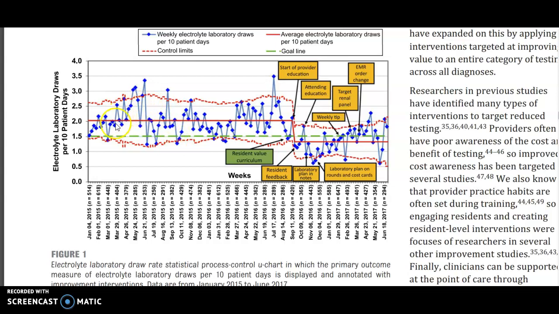it makes you question whether this process is really stable enough, or whether it's really following this Poisson distribution, or whether there's other factors going on here, like maybe a change in administration, a change in the staff, something like that.